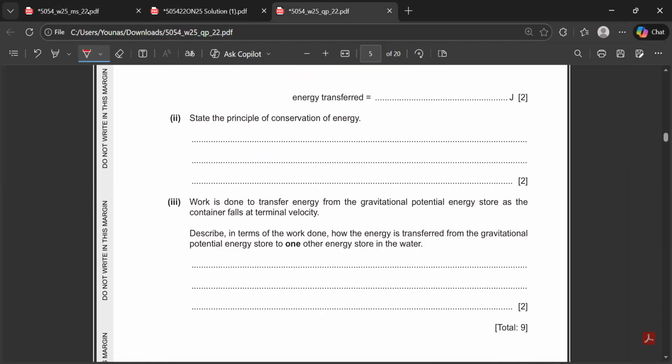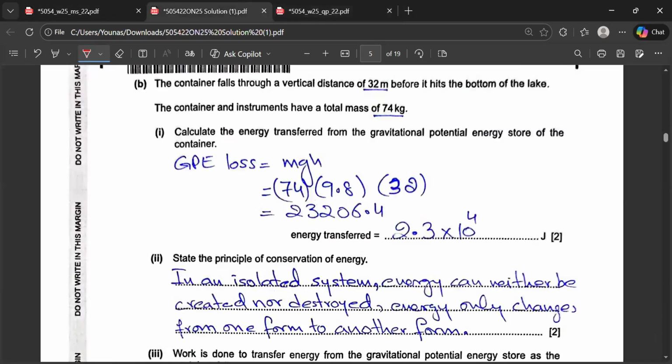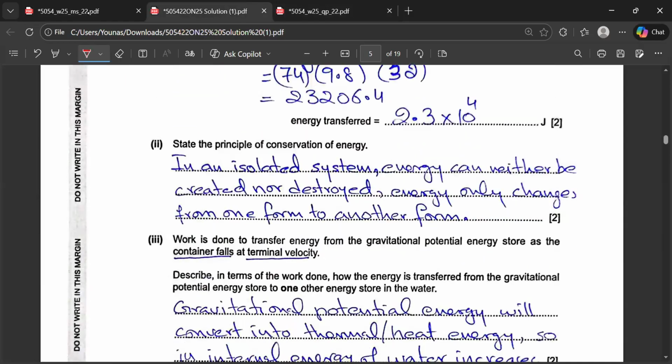Energy only changes from one form of energy into another form of energy. Let me show you what I have written. In an isolated system, energy can neither be created nor destroyed, and energy only changes from one form to another form. Total energy of the system always remains constant.